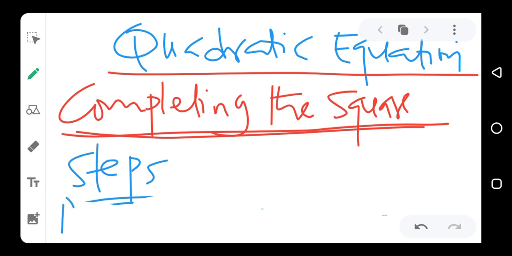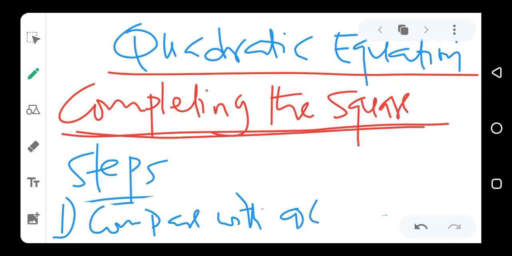Number one, you compare the equation given to you with the standard equation for quadratic equations, ax squared plus bx plus c is equal to 0.